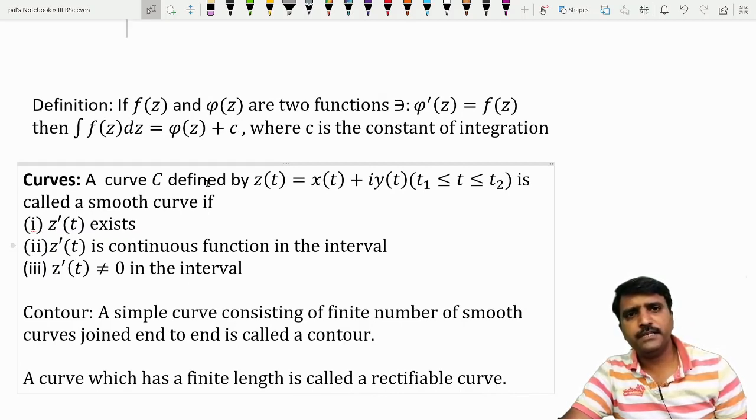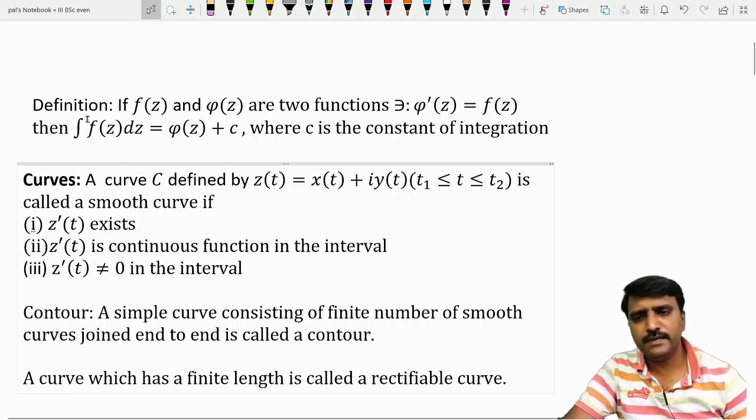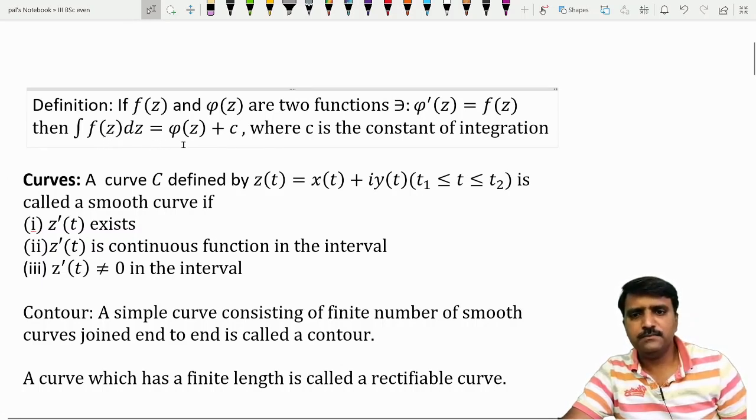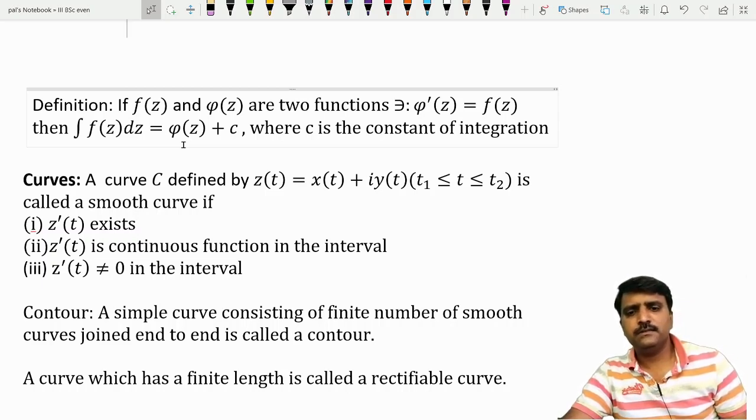When you differentiate phi of z, it gives f of z. So obviously the integration of f of z must give phi of z. The same thing is written here: the integral of f of z dz is equal to phi of z plus c, where c is the constant of integration.